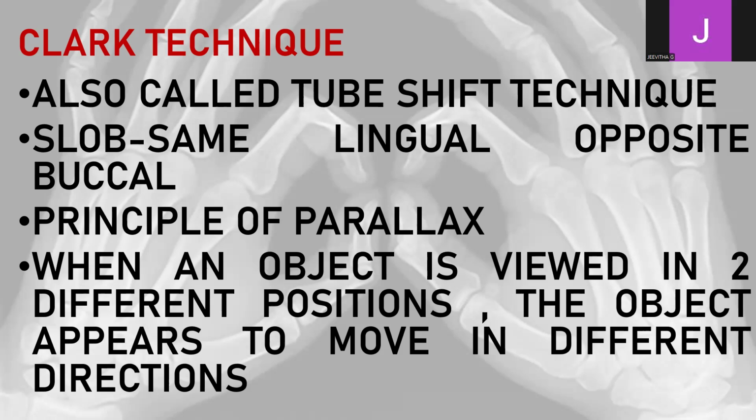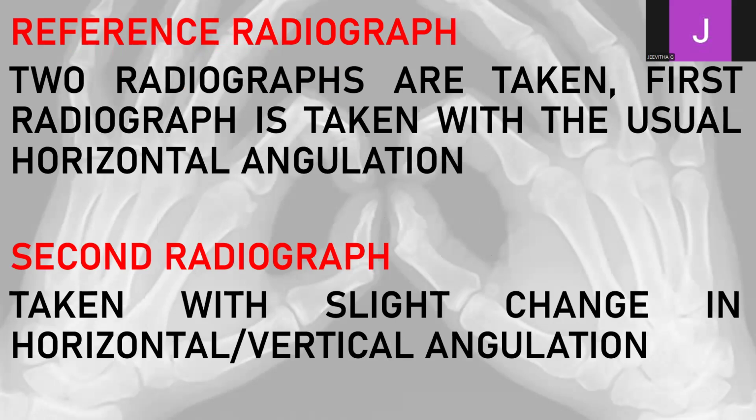So we have to compare the final IOPA images of both the images which are taken with the technique, and then we can find out the actual position of the object. So these two radiographs are known as the reference radiograph and the second radiograph. These are taken consecutively one after the other.